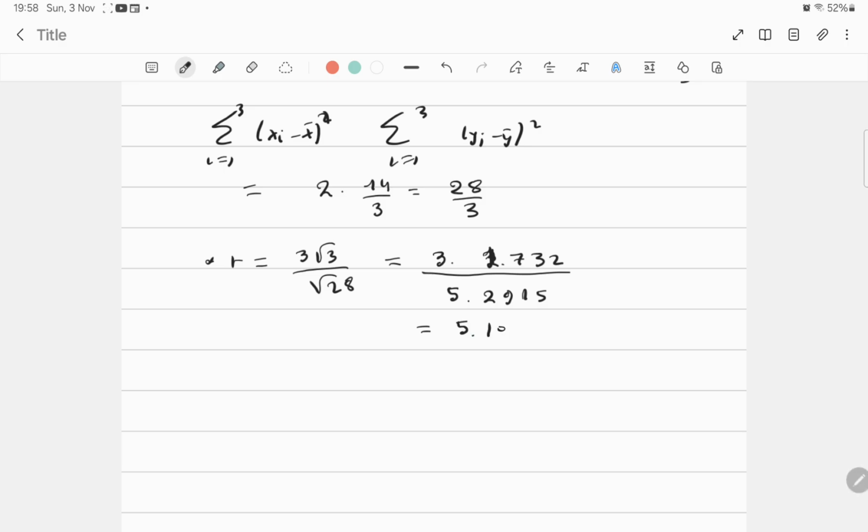So it's 5.196, the numerator, divided by 5.2915. Let's calculate this ratio.